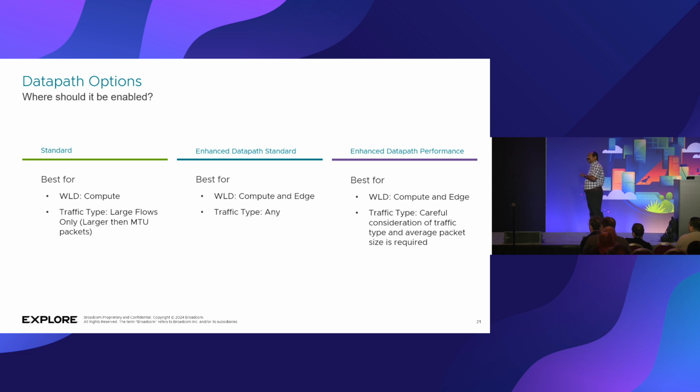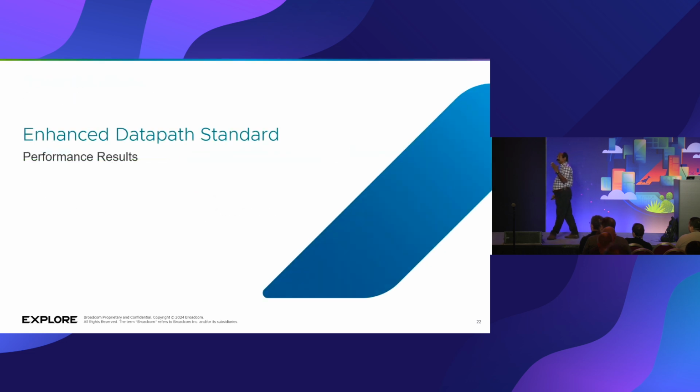When it comes to enhanced data path performance, you really need to know what your traffic is, and you should be able to figure out how many CPUs you actually want to allocate for this. I have a slide on this later on that describes a little bit why that matters, in terms of CPU allocation.